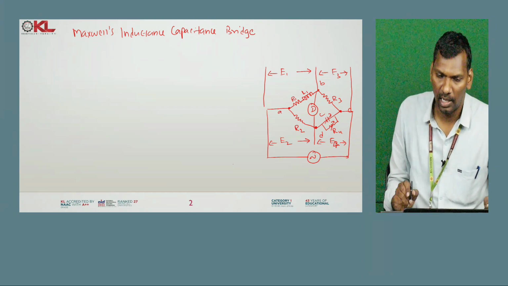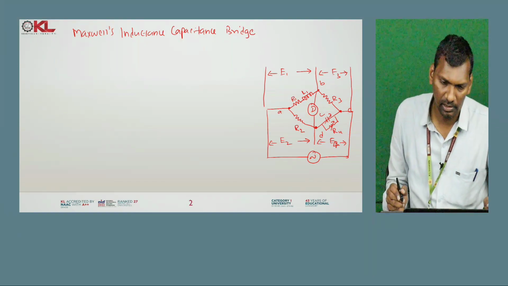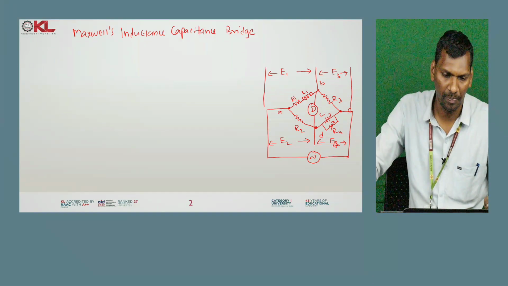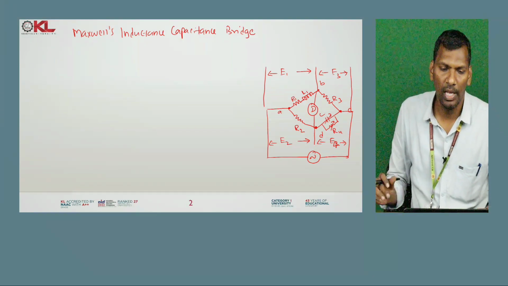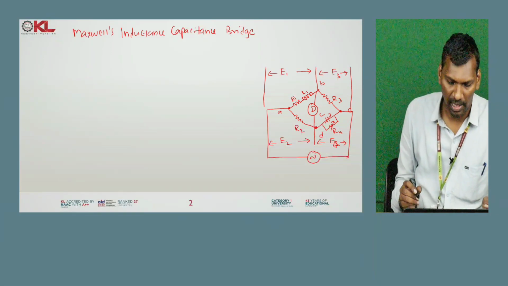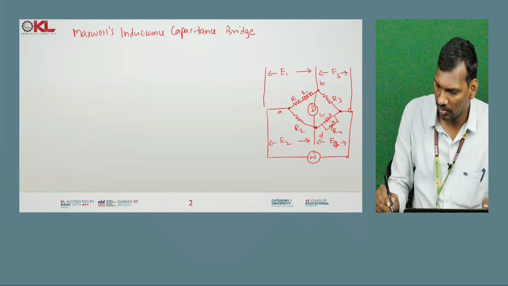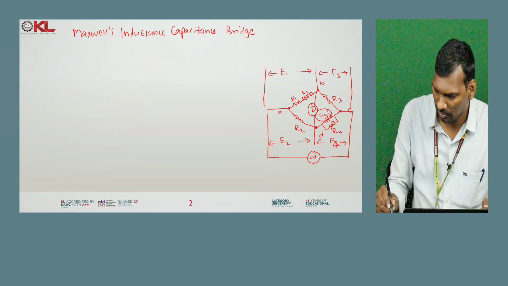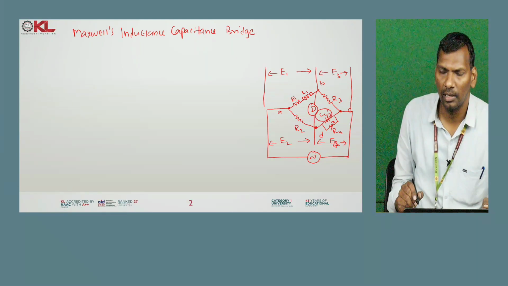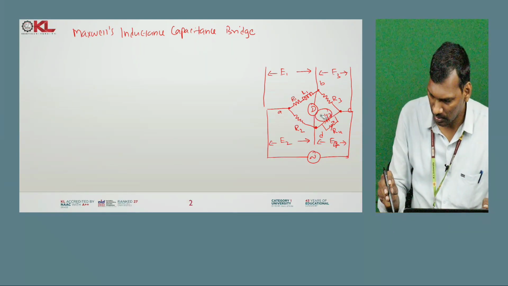Now here L1 is the unknown inductance with resistance R1.